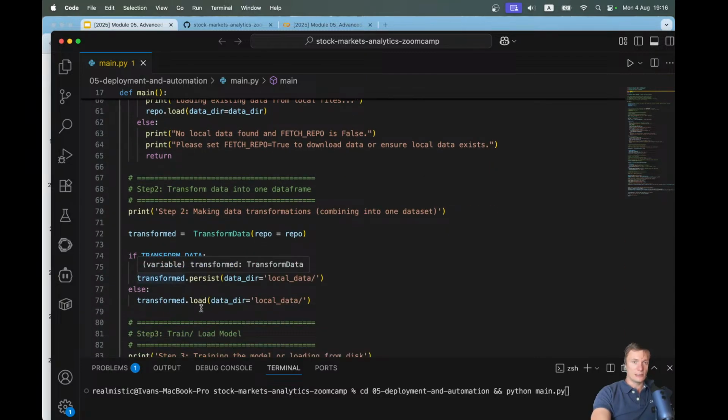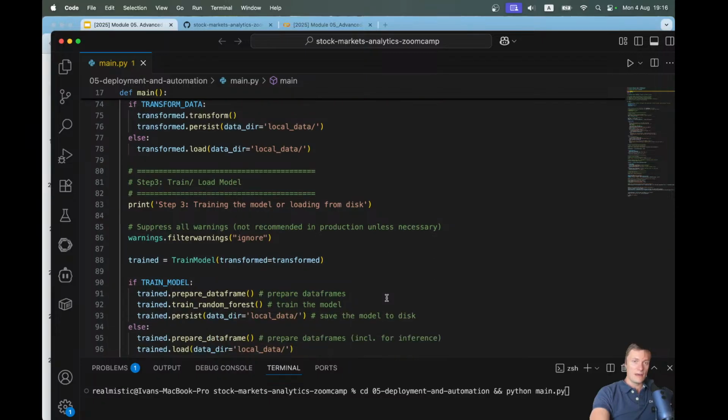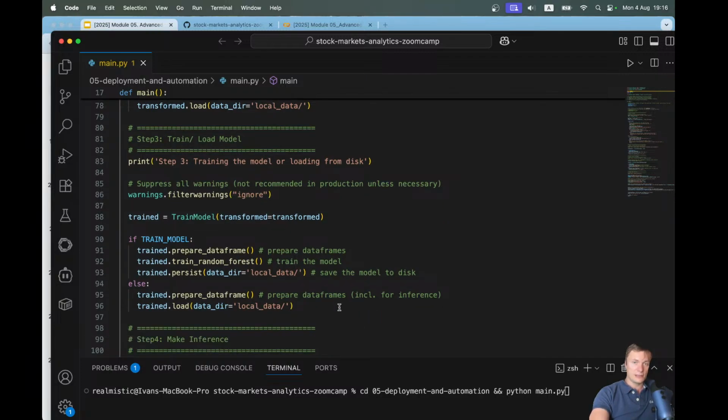Then I transform the data, so I get that data from the Parquet files, that is macro stats and stock stats, and I transform it to one data frame. And then when I have the data, I train a random forest and save the model to the folder, and finally I can reuse the model and make predictions.